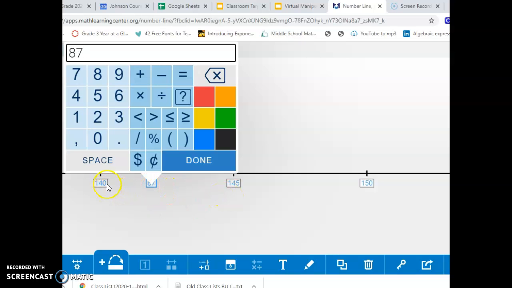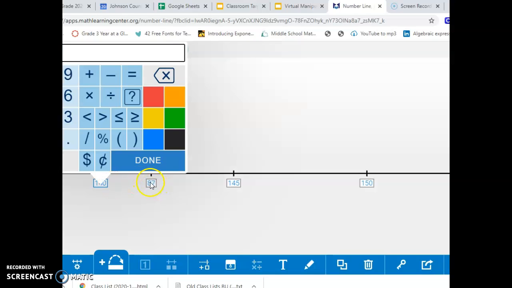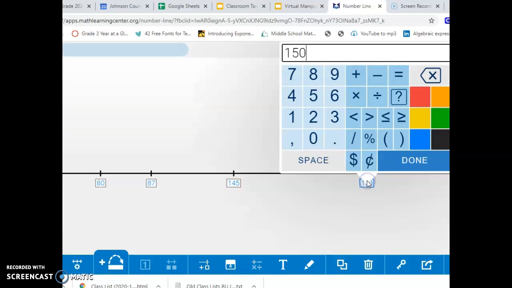I've got to decide what two tens 87 is between. Now I already know that it's going to be 80 at the beginning just because of that 8 in the tens place. So I'm going to put 80 here. And then the next 10 after 80 is 90, so I'm going to put 90 here.